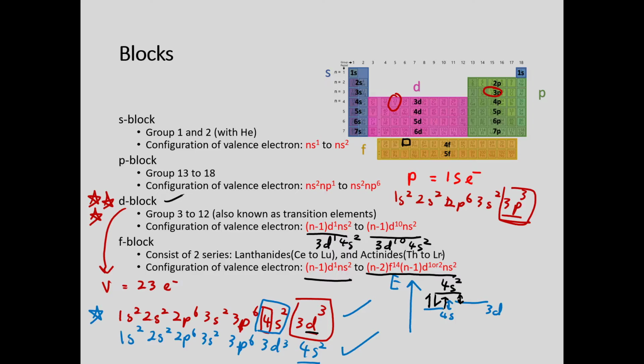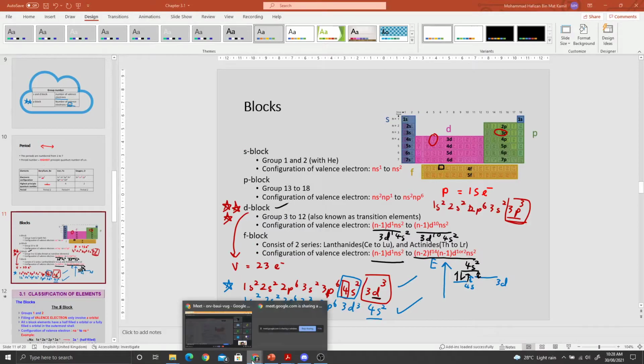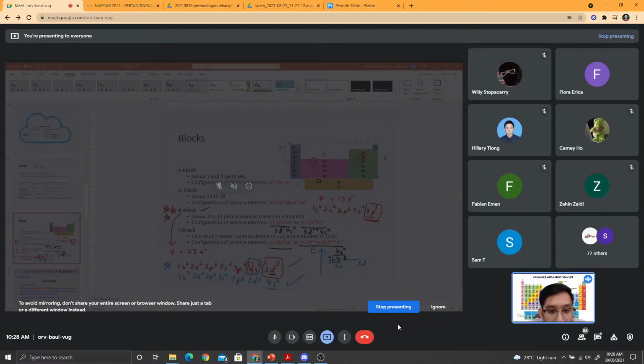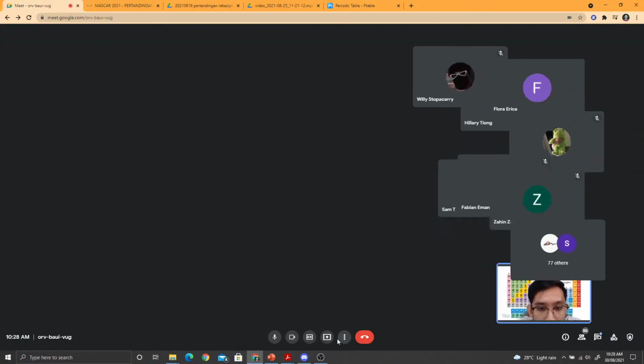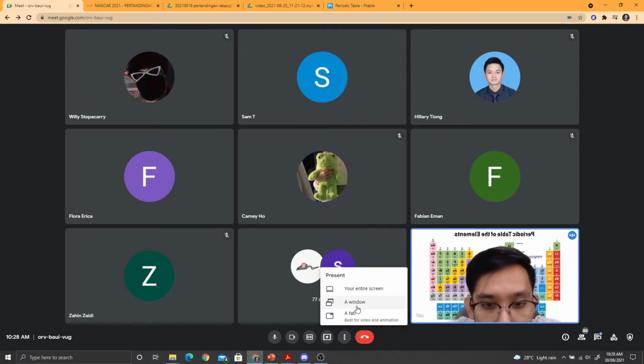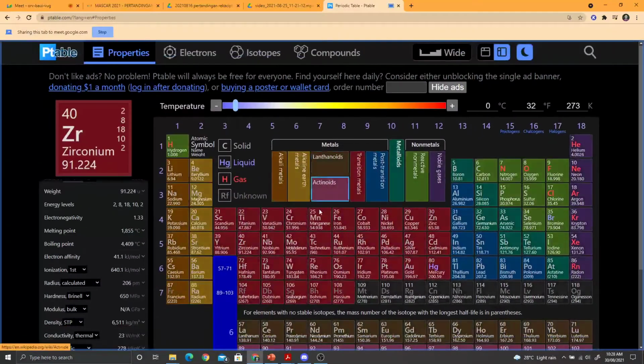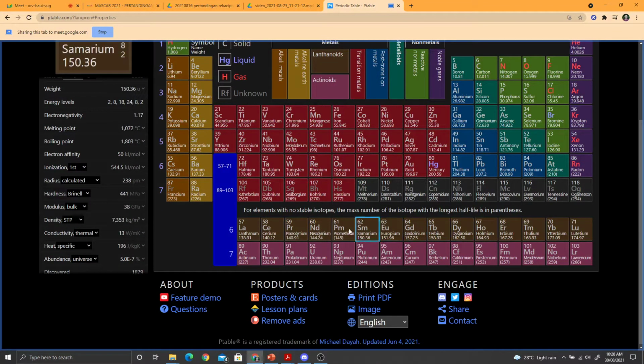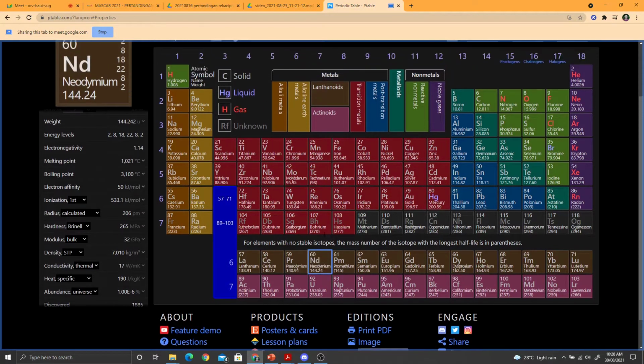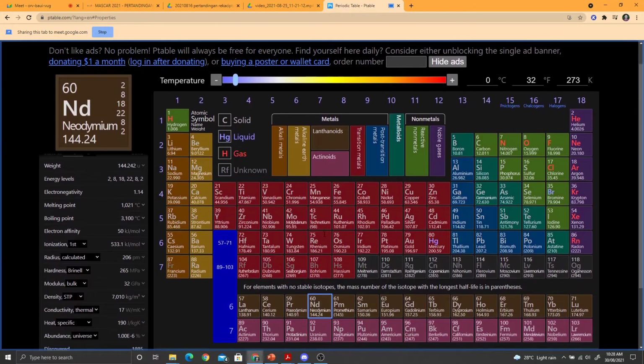So cara nak tengok, jom tengok the periodic table, yang the online periodic table. So any question terus tanya voice, sebab kalau you guys tanya text takut I tak nampak. So kalau you guys tengok the F block yang dekat bawah ni, contohnya neodymium, which is very common in strong magnets, magnet yang kuat tu.